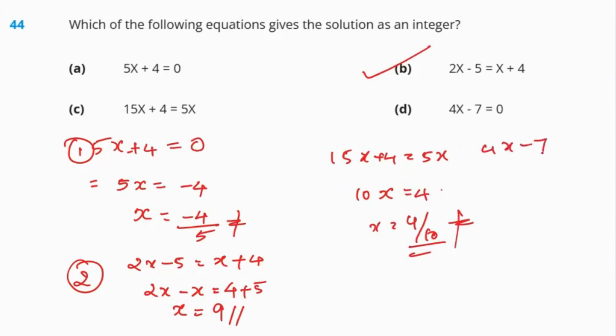And the last case, 4x minus 7 is equal to 0, 4x is equal to 7, or x is equal to 7 by 4. This is also not an integer. Only B is the correct one. We are getting an integer in the case of B. Others are not integers; in the others we are getting fractions.